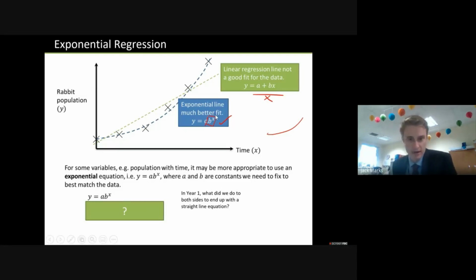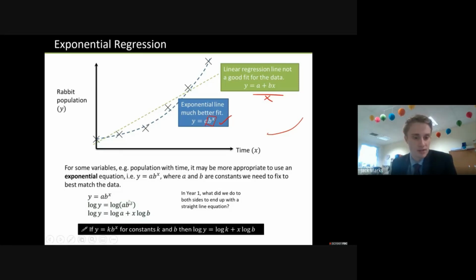So if it were an exponential line, how would you go about working with this? Well, you've dealt with this before. Remember that you took logs of this. We went through this process, and this is the way I advise you to go through it so you know what you're doing. But we can go through this process here, and we can turn these graphs themselves into straight lines.